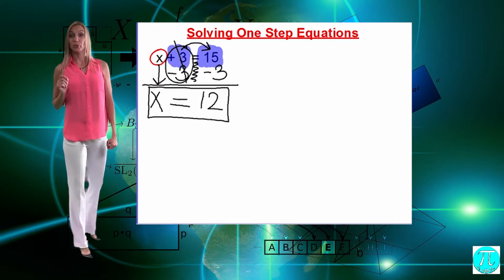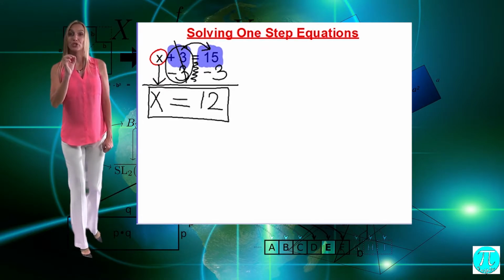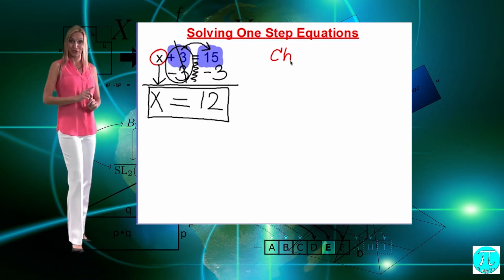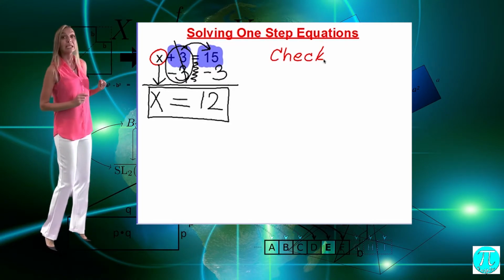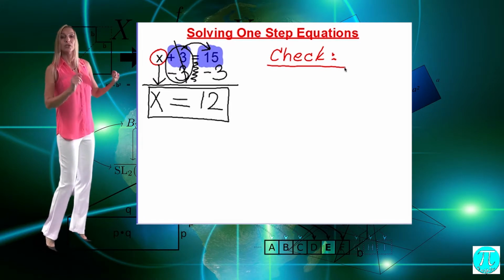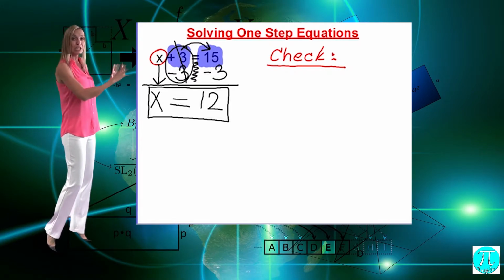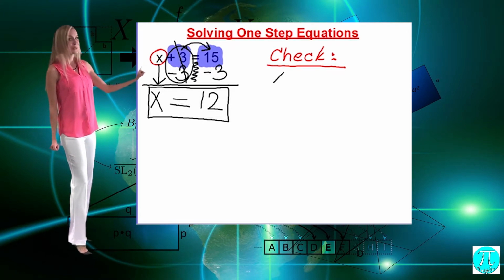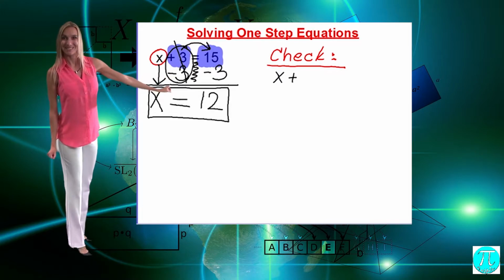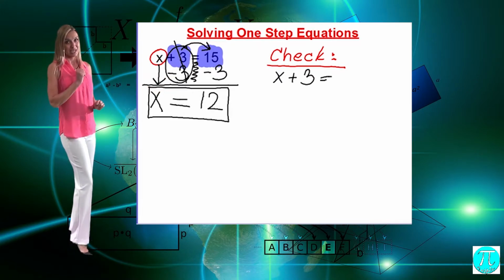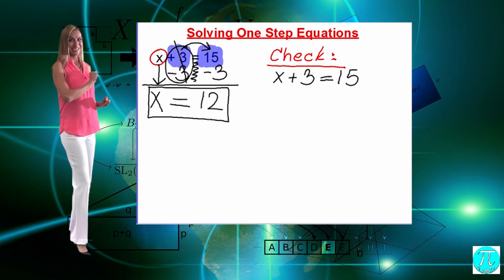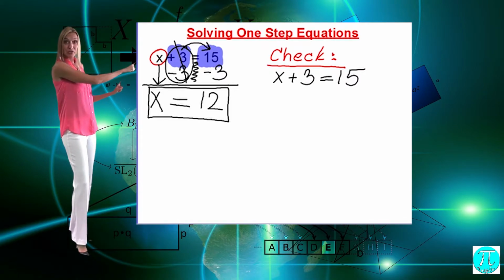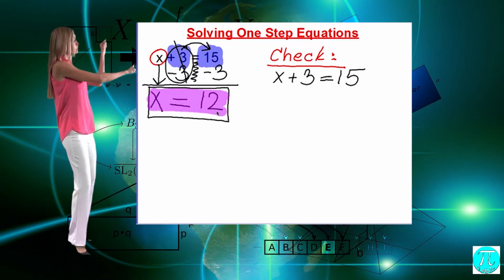Now, just to make sure we are correct, we're going to do a check. We are going to rewrite the original equation, and we're going to substitute in the x, right? So let's rewrite it and see what we got. The original equation said x plus 3 equals 15. We've said that x is equal to 12. So everywhere I see x in the original equation, I will substitute in the 12.